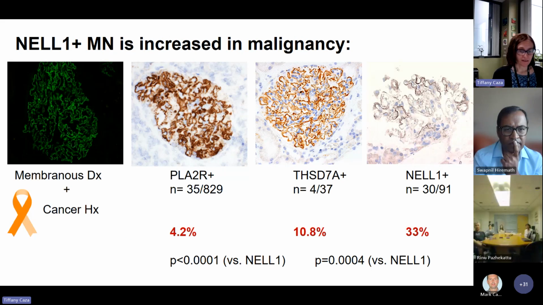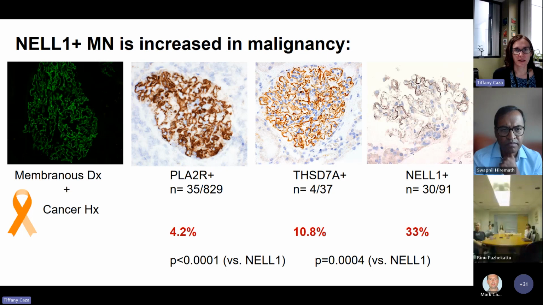Reasons to look that identification of NELL1 is important. It's increased in the setting of malignancy. We did a study at Arkana where we found 91 NELL1 positive patients. We also looked at PLA2R and THSD7A disease controls and found that 1/3 of patients with NELL1 have a concurrent or active malignancy or malignancy associated.